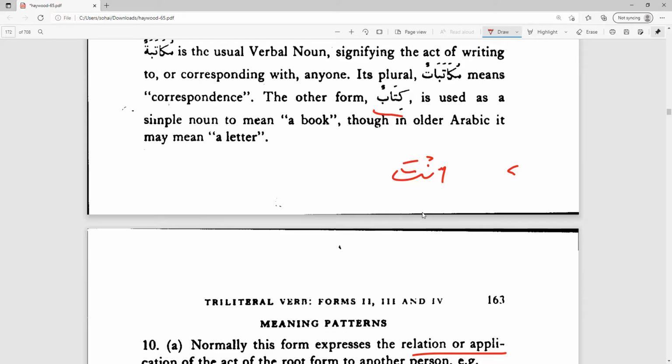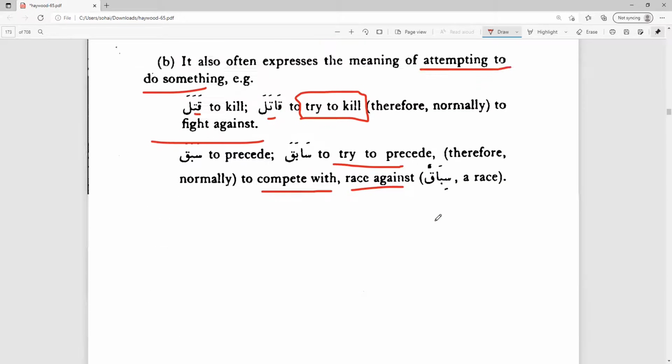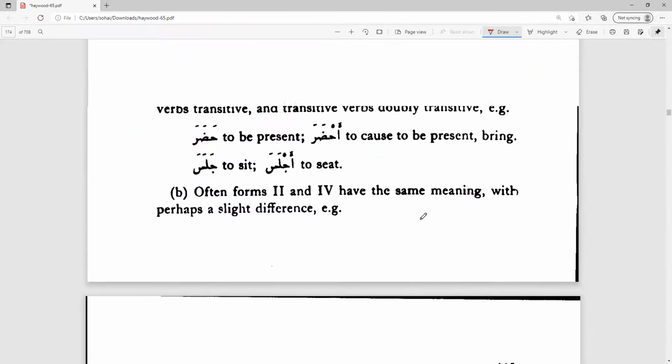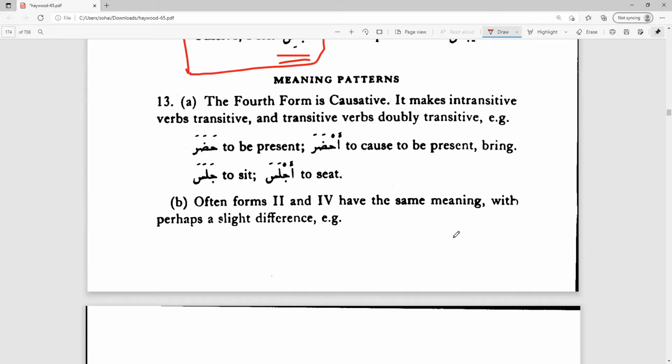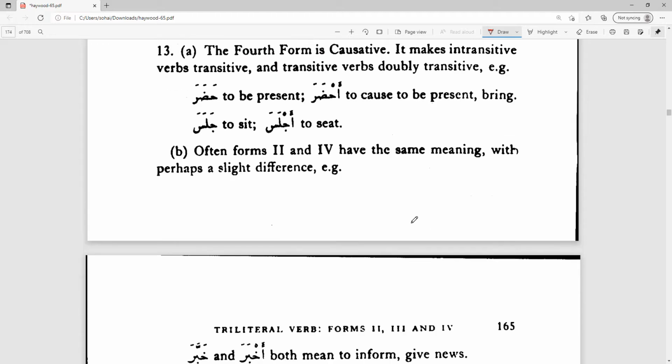Yeah, you're right. Ijlis. One second. So yes, it's jalasa yajlisu, like you said. So it's going to be anta ijlis, like you said. If you tell somebody to sit, anta ijlis.